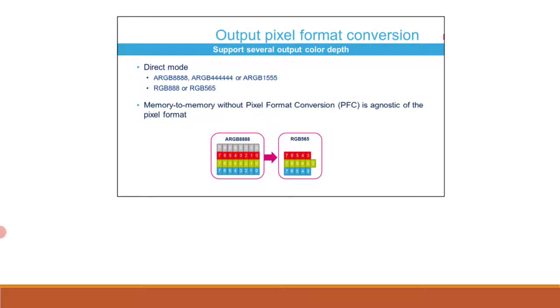Nevertheless, memory to memory operations without pixel format conversion, PFC, can copy data independently of their format. We discussed CLUT in our LTDC session. I hope you understand. If you don't, go back to that video and please go through CLUT. Okay.